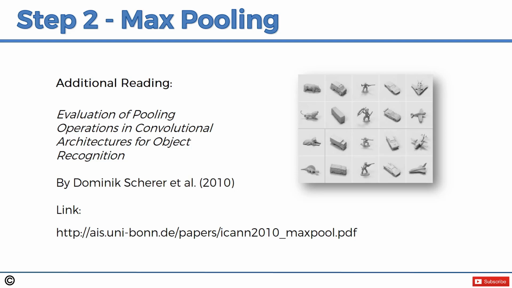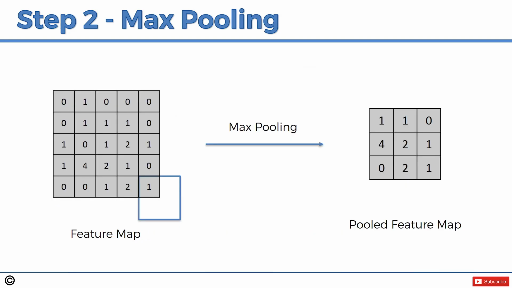The one thing that you do need to know about this paper is that they talk about a concept called subsampling. Subsampling is basically average pooling. Remember how here we were taking the maximum value in our square. There's also a concept called mean pooling or sum pooling. Sum pooling is where you just sum these values up.